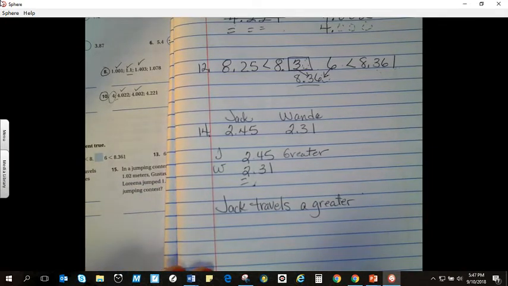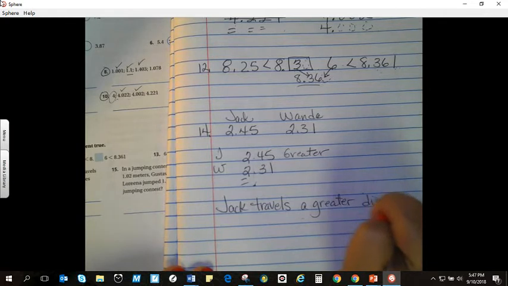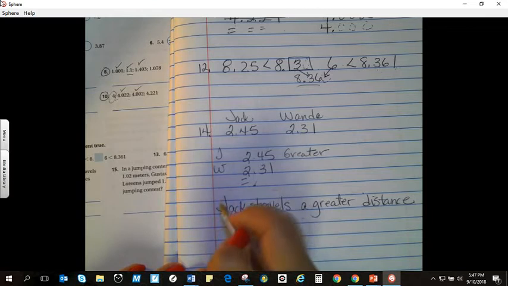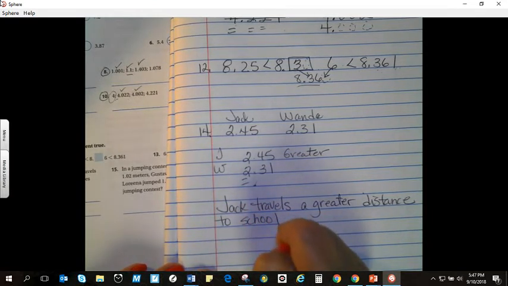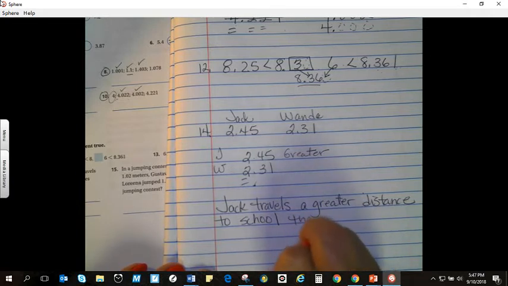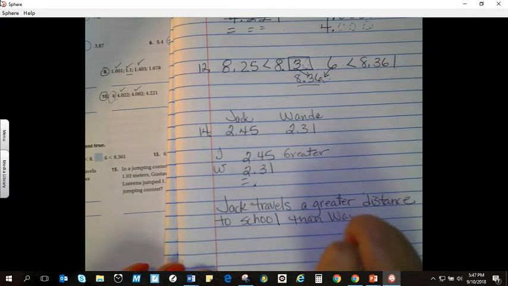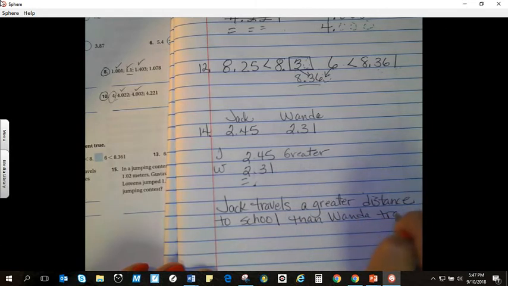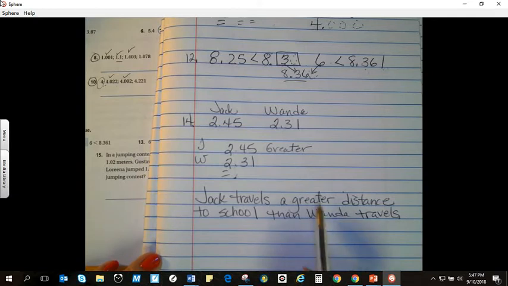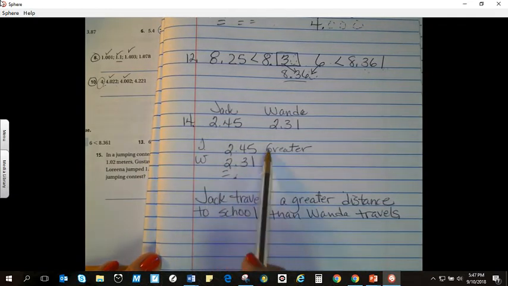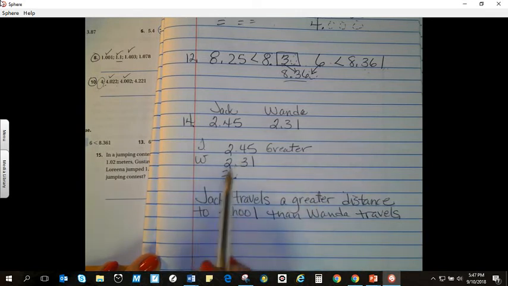So Jack travels a greater distance to school than Wanda travels. Okay, again, is this a true statement? Absolutely, because Jack travels further. He travels a lot further than, not a lot, but a little bit further than Wanda. Okay, so that was on 14.